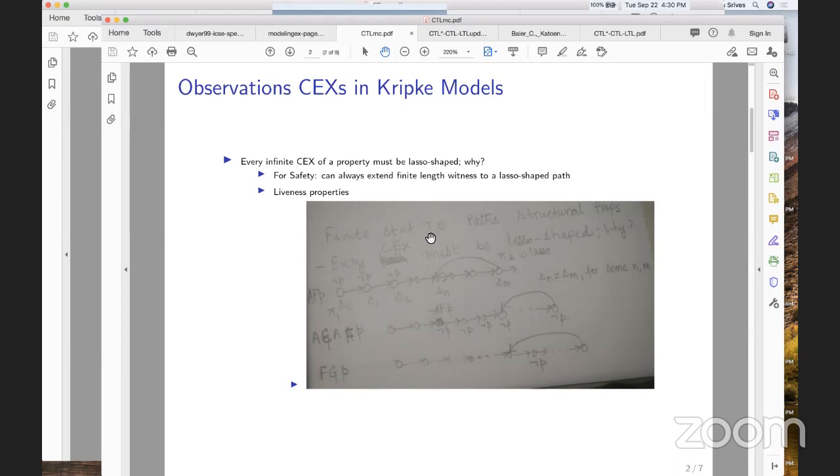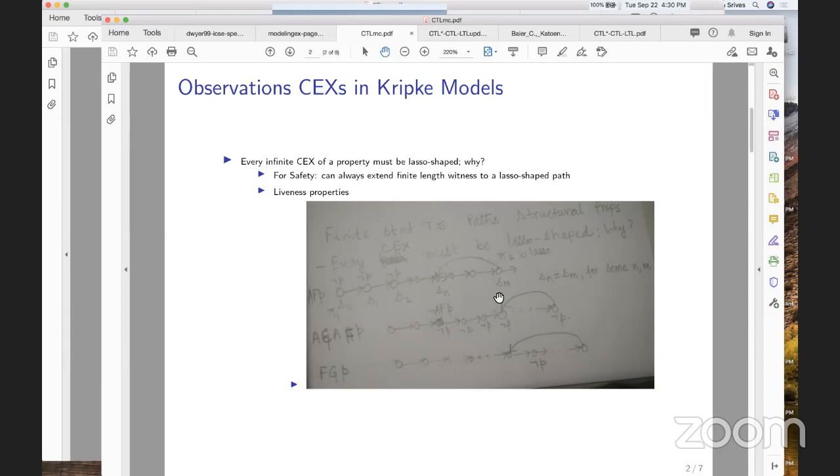And we will later prove that every path in a finite state Kripke model will eventually have to have a similar structure. In this case, I have not exactly shown that; from some counterexample, I've been able to get a lasso shaped counterexample.